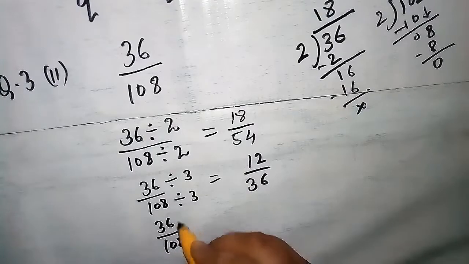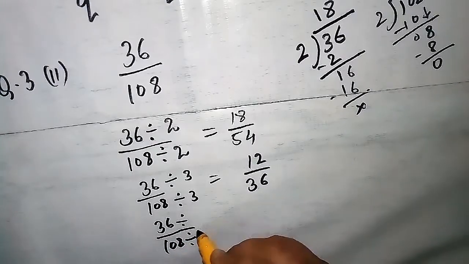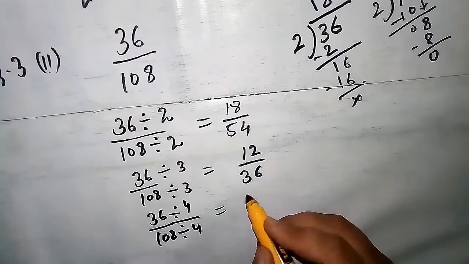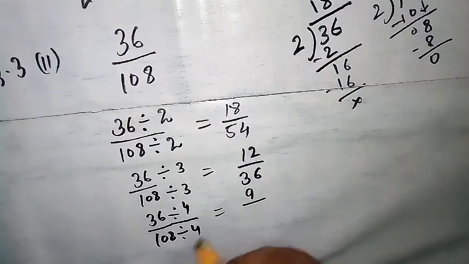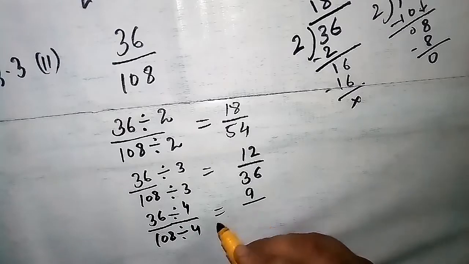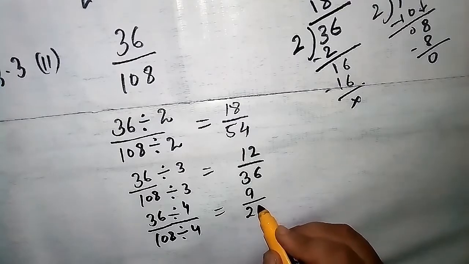Now again we have to divide 36/108 by another number to obtain the third equivalent rational number. So here we are dividing by 4. 36 divided by 4 is 9, and 108 divided by 4 is 27. So the answer will be 9 upon 27.